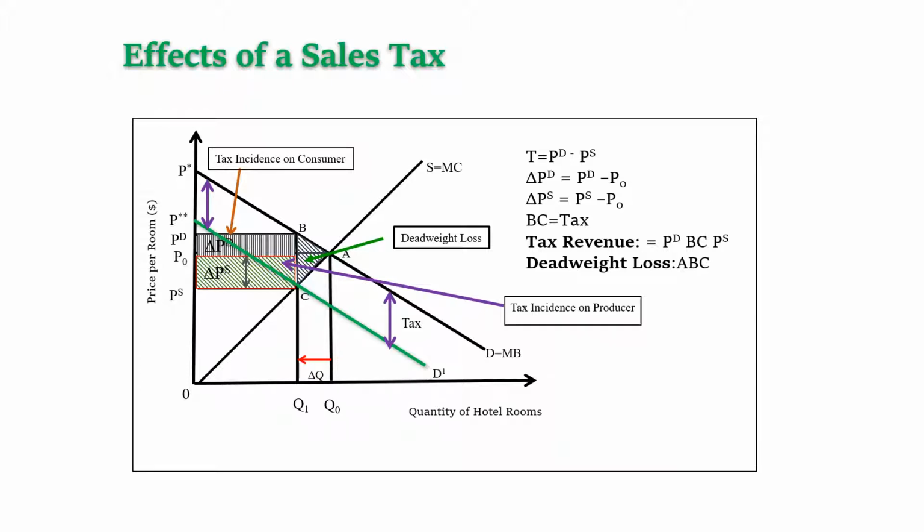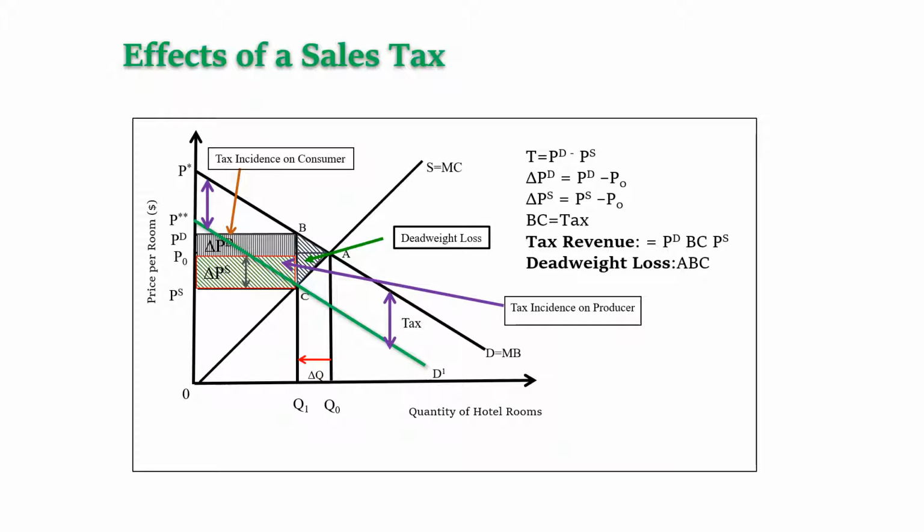Originally, before taxes, the quantity consumed is Q0. But after taxes, the demand falls to D1, and a new quantity is sold or bought. So the new quantity demanded is now Q1 because of the tax.